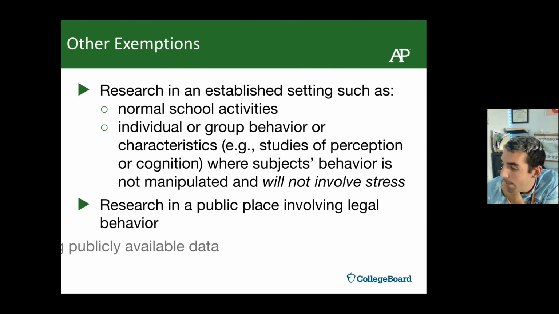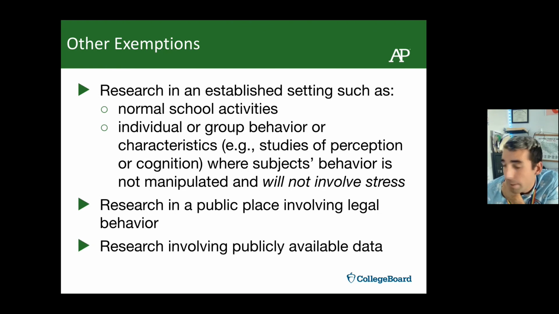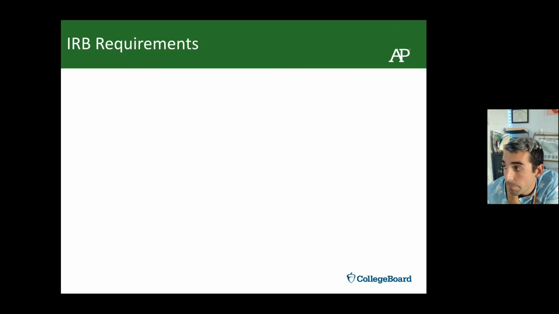Research involving publicly available data. So if you got your data from somewhere that is publicly accessible, such as voting parties and voter registration, that is public access information. That would not require IRB approval because it's out there for anyone to utilize.